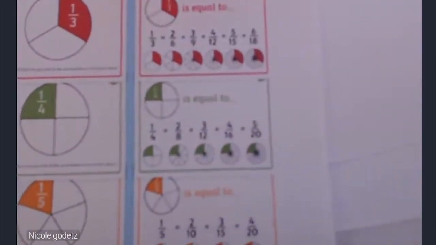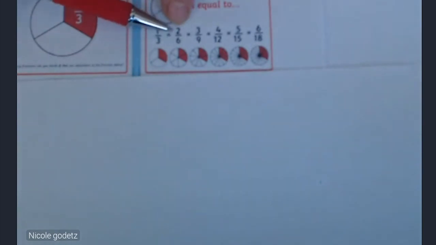Now let's have a look at a third. It's the same thing. A third is having a whole thing and splitting it into 3 equal parts, and then having one of them. So the relationship is 3 times the top, or this is divided by 3. So 2 sixths.